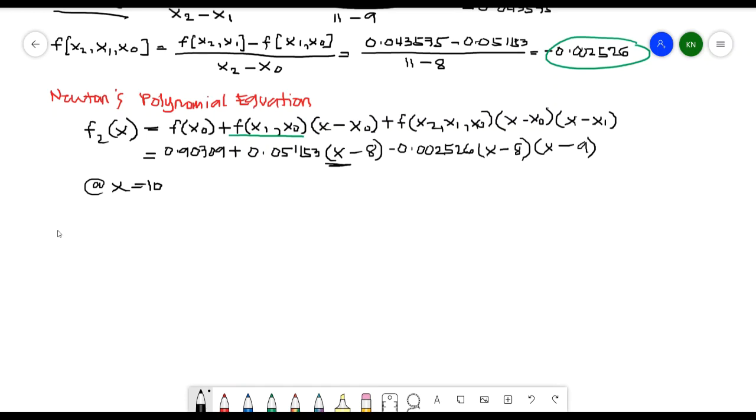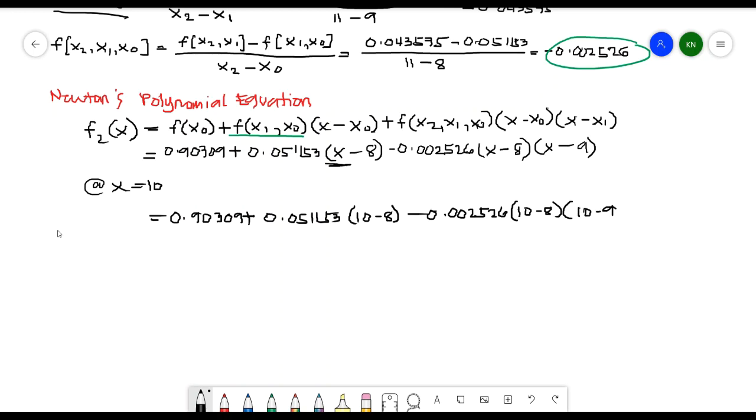So that gives us 0.90309 plus 0.051153 times 10 minus 8, minus 0.002526 times 10 minus 8 and 10 minus 9.